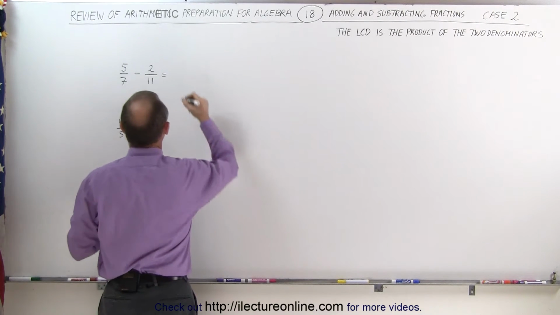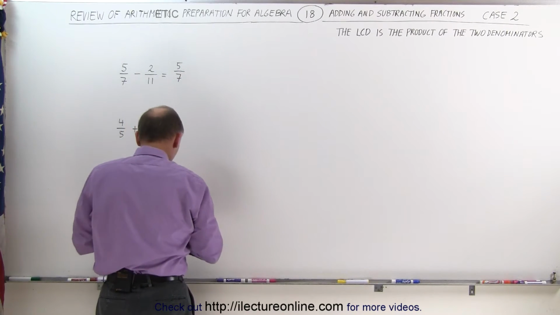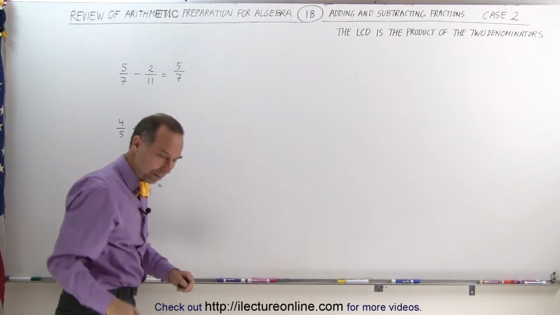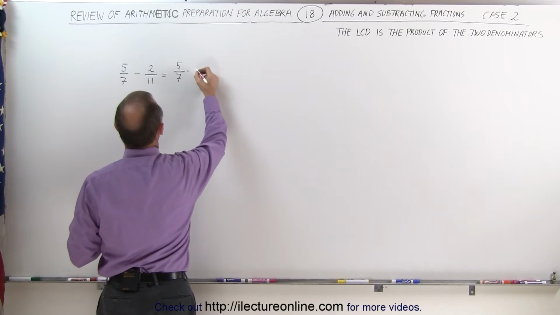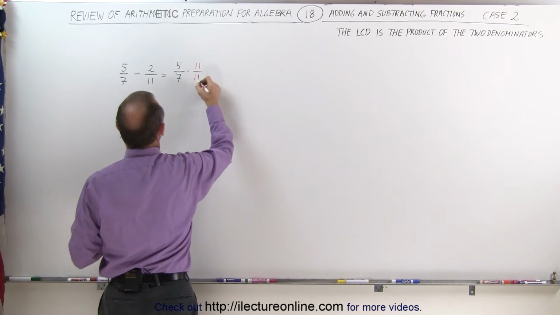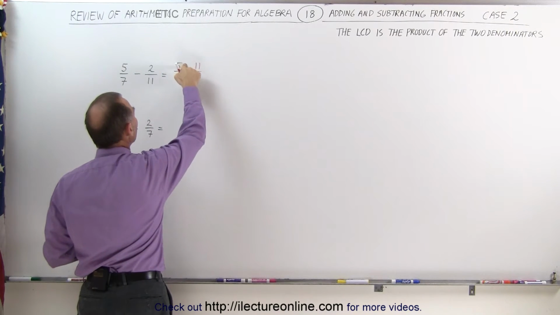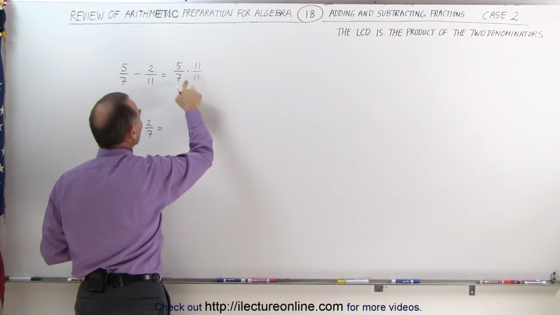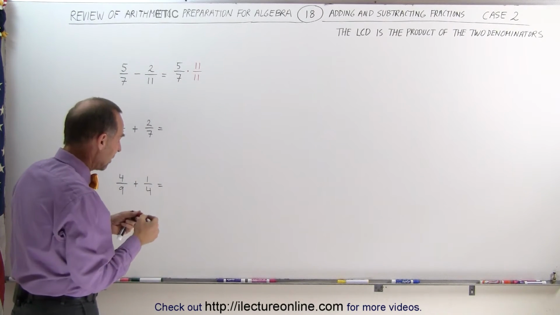We take the fraction 5 over 7 and multiply it by 11 over 11. We multiply both the numerator and the denominator by 11. Notice that 7 times 11 gives me 77. That will be the common denominator.